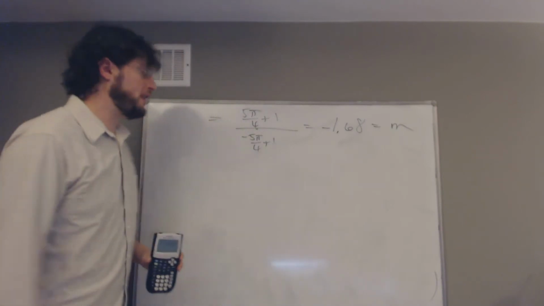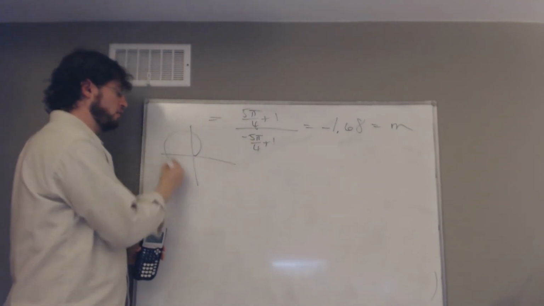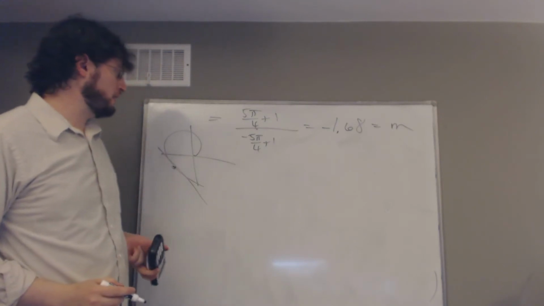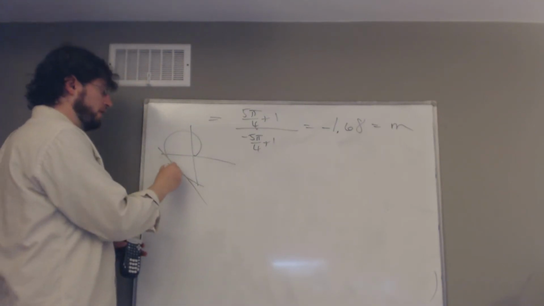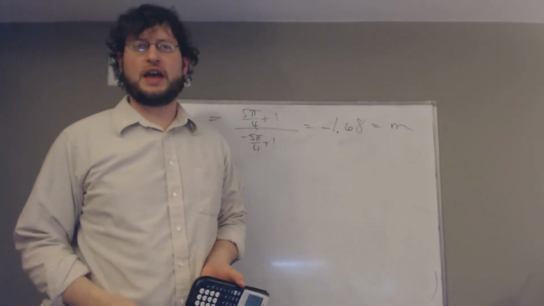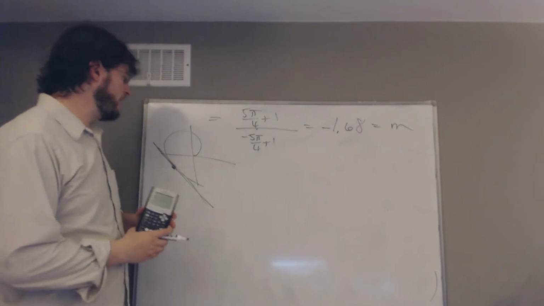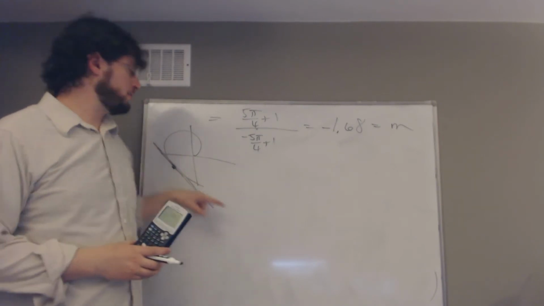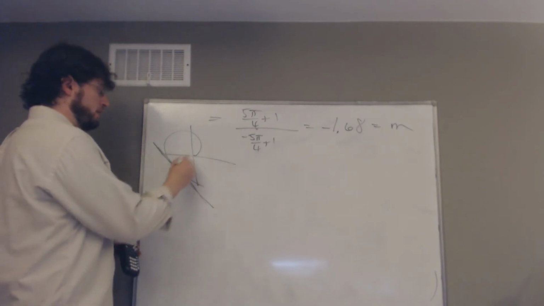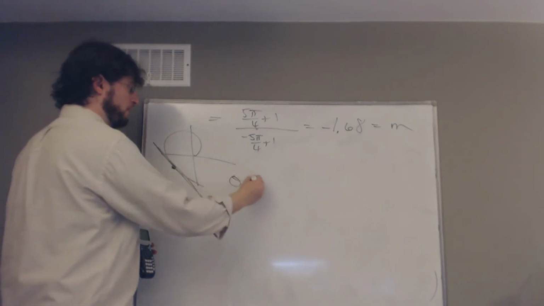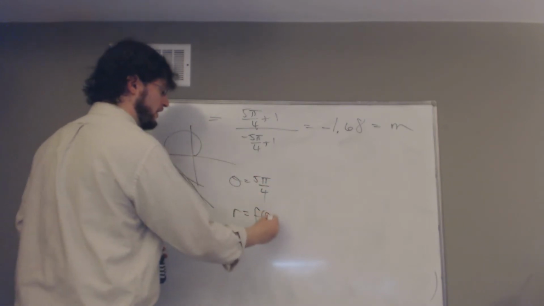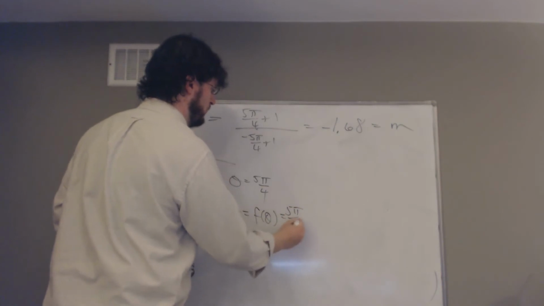And notice it should be negative because for our spiral, at this point, we better have a negative slope tangent line. So what is this point? Now we want to come up with the actual tangent line in terms of x's and y's. Lines are tricky in polar coordinates, but we can write it in terms of y and x. This is the point. So theta was 5 pi over 4, and therefore r was also f at theta, which is 5 pi over 4.